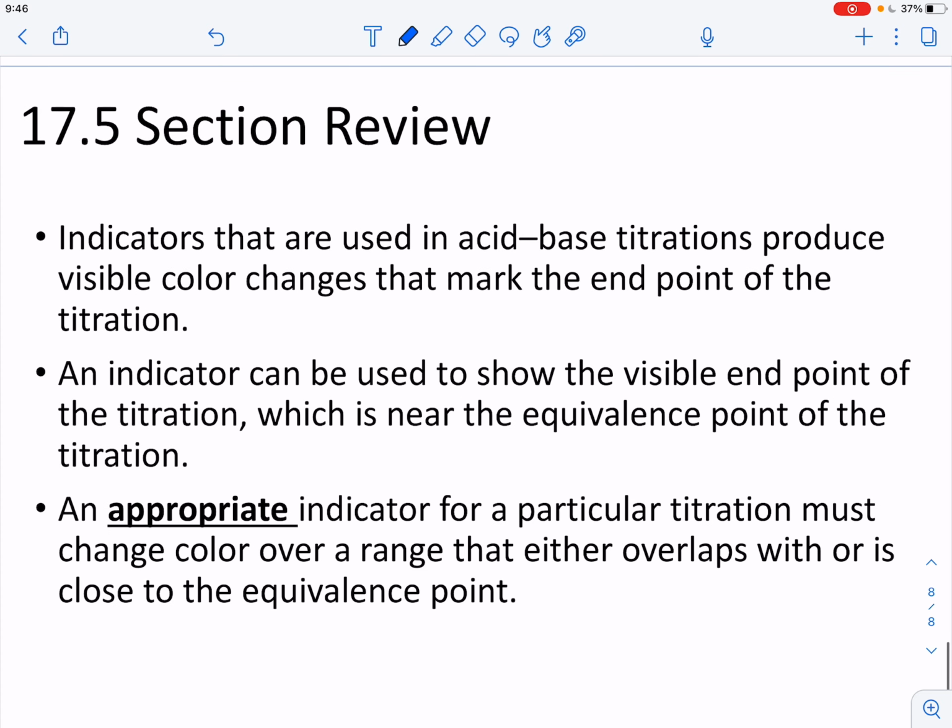So in review, the indicators are substances that you use to help you locate what the equivalence point of our acid-base reaction is. The indicators are not just limited to acid-base titrations.